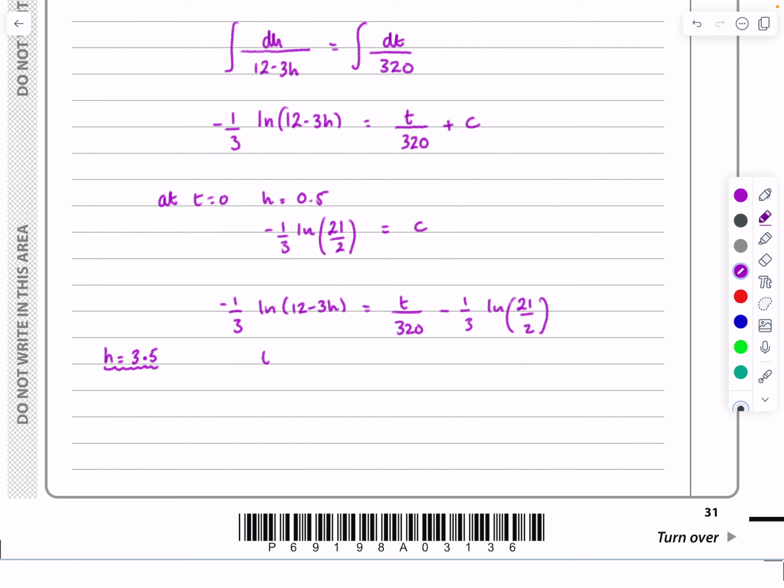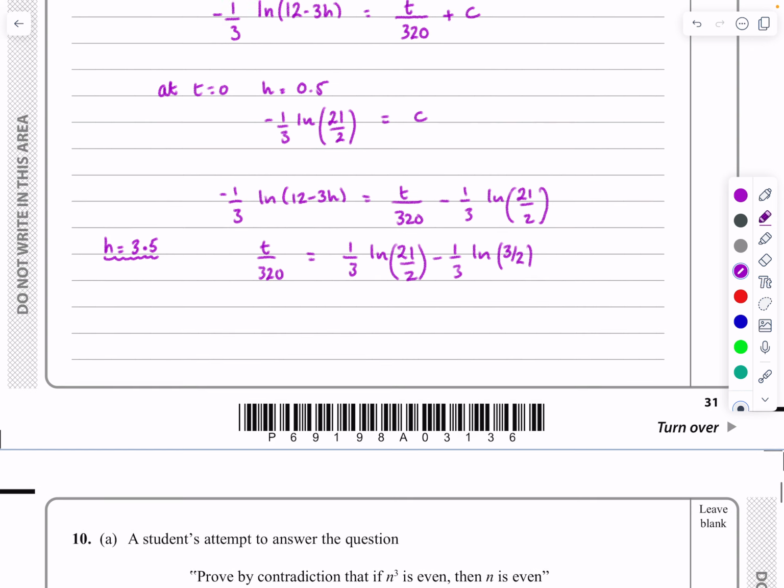I'm going to get that t over 320 is equal to a third log of 21 over 2 minus a third log of, and as I say, if I put h equal to 3.5 there, that just works out to be 3 over 2 here, and then it's just tidying this up now.